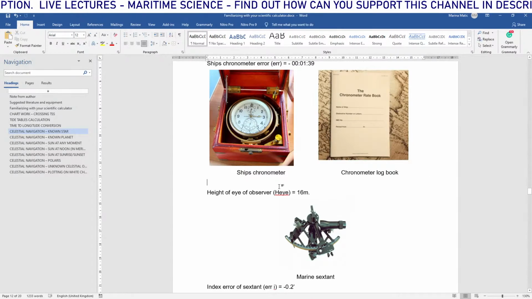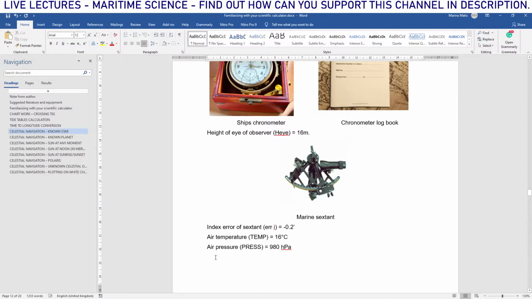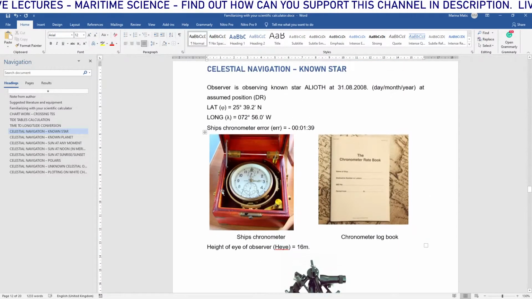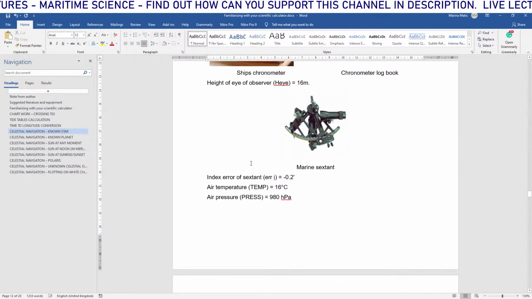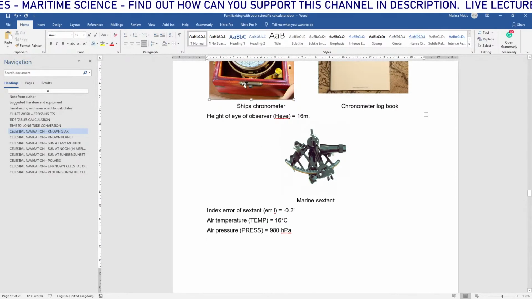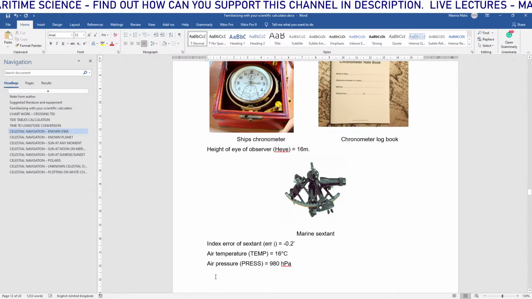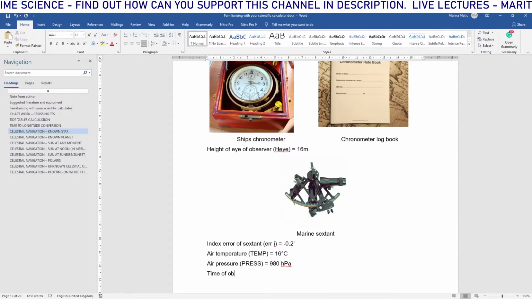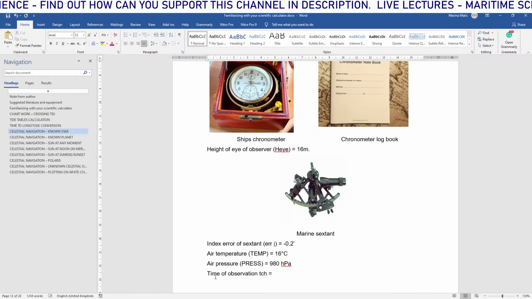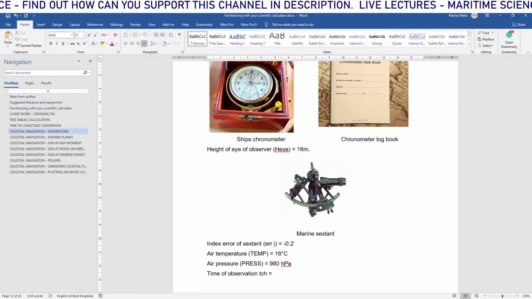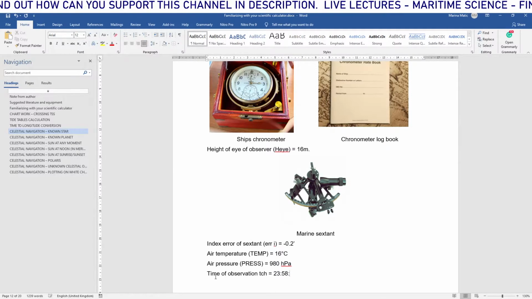Okay. Later, don't worry, sorry, I will do the visual correction of everything. And now what we have is we used this device, and the moment, so the time of observation is TCH, chronometer time, and chronometer time is 23:58:45.